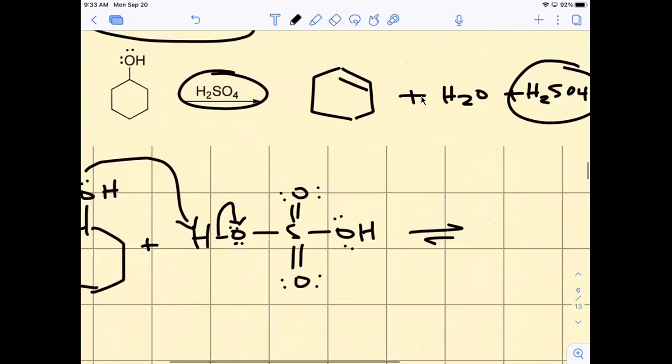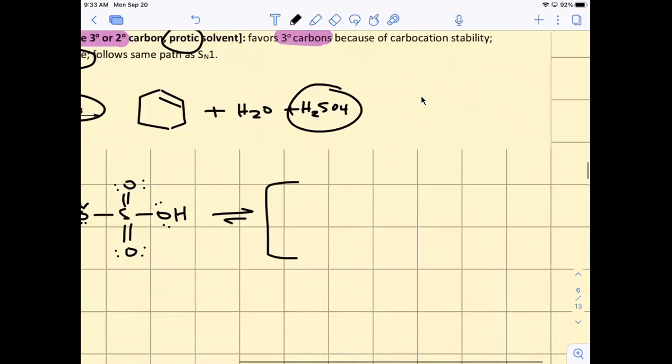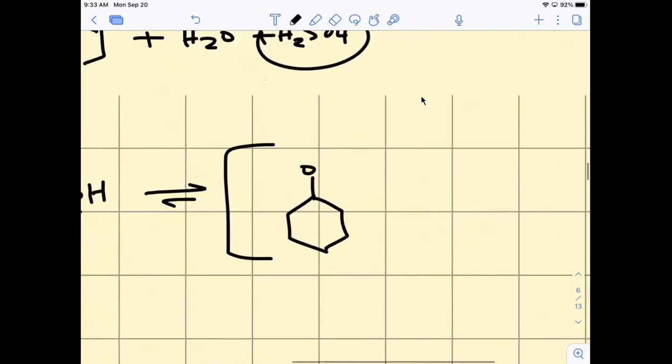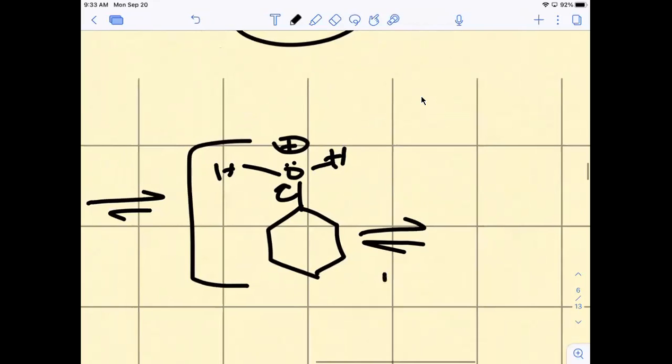All right. So what I get from that is this hydronium ion, which now has water as the leaving group, much better leaving group, and that's going to be in equilibrium with the carbocation intermediate. So once I lose the leaving group, this is the rate determining step.